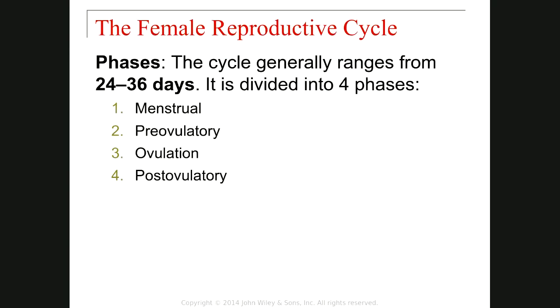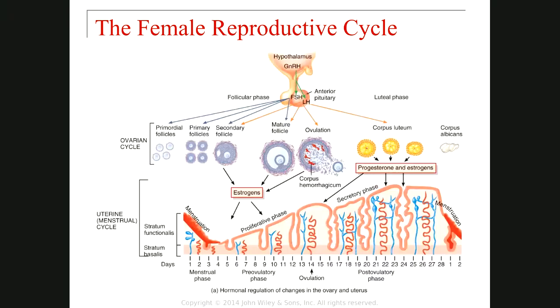The female reproductive cycle lasts about 24 to 36 days, and we have 4 different phases. One of them is the menstrual phase, the other one is the periovulatory phase, after that we have ovulation, and the next one is the postovulatory phase.